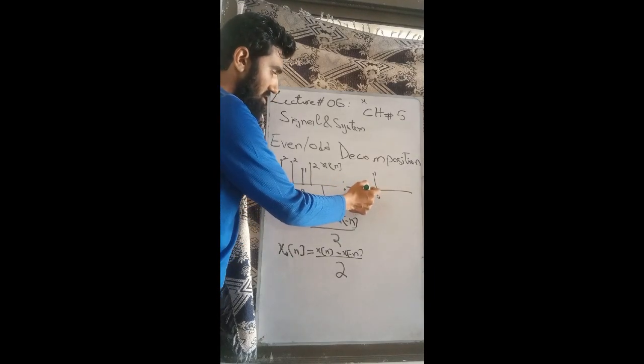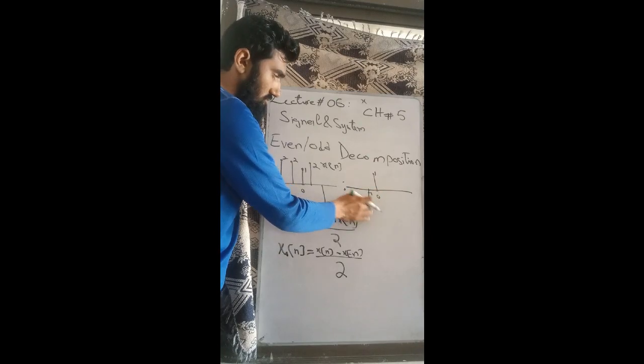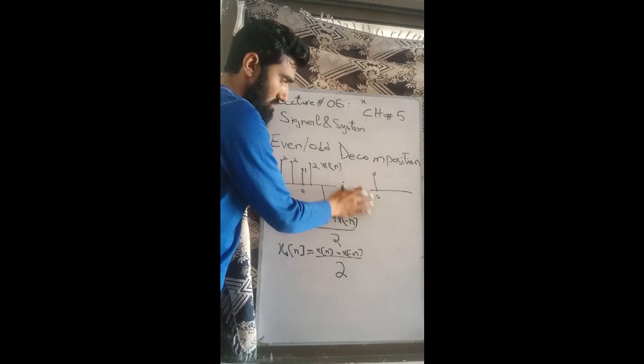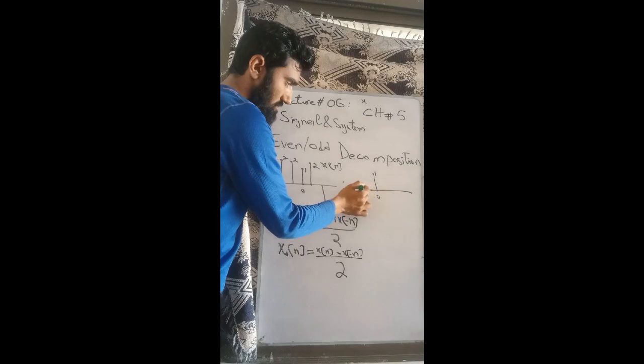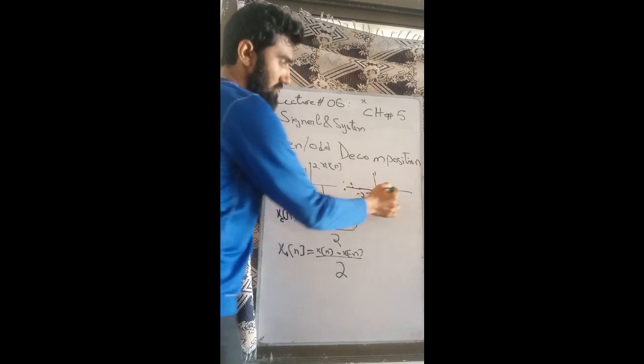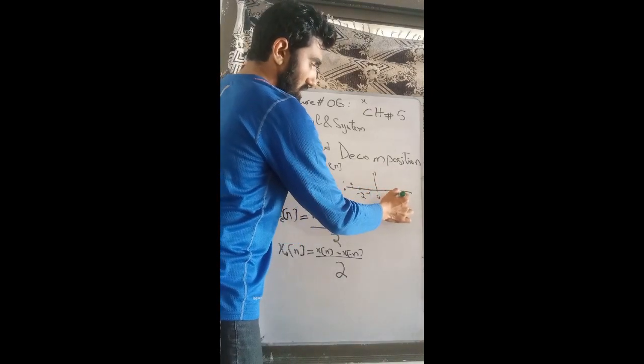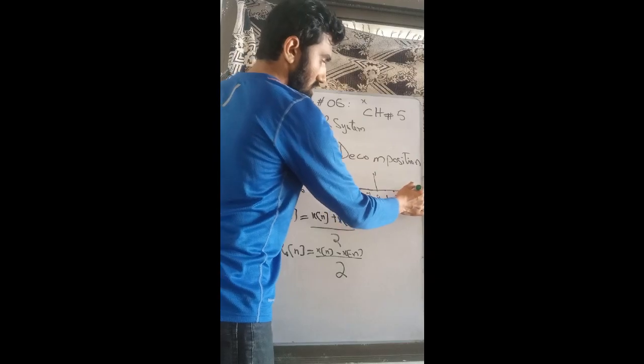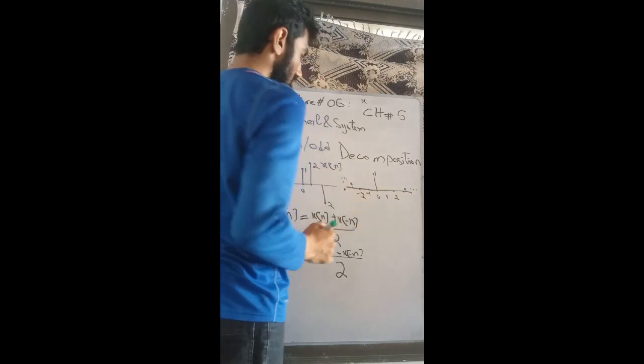So at minus 1, minus 2, and this is 0, 1 and 2, and this is 0, and it is continuing here.